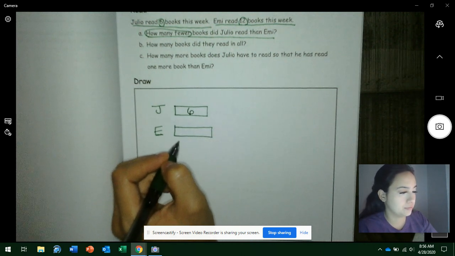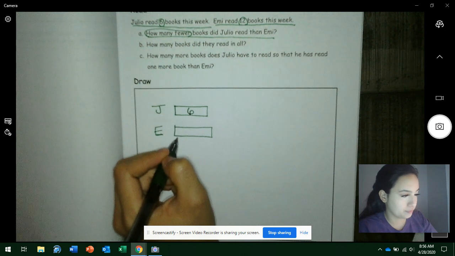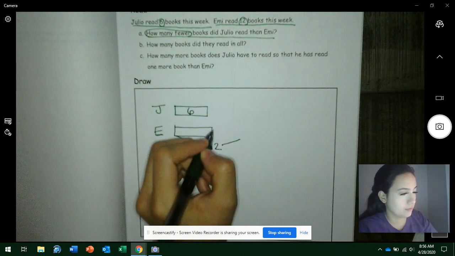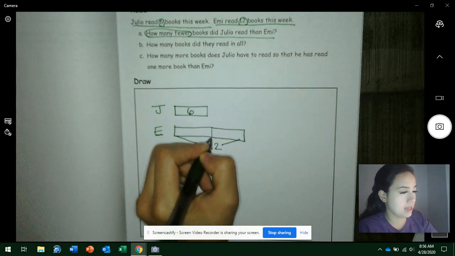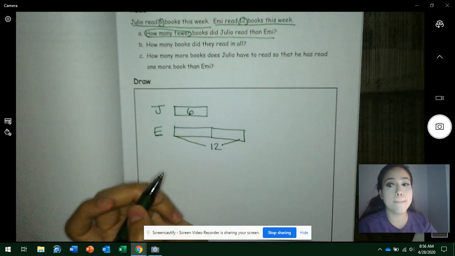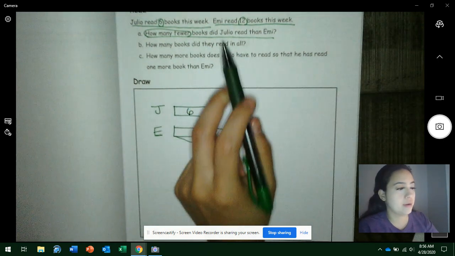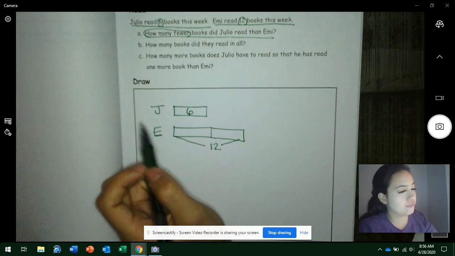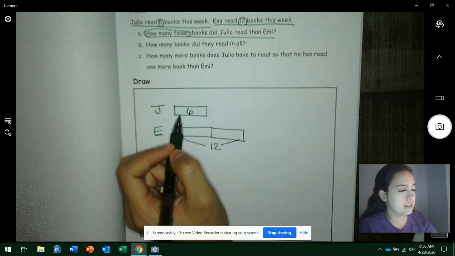So that is Emmy's total. So Emmy has the extra tape because remember who gets the extra tape? The one who read more books. And who read more books? Emmy. So she read 12, he read 6.